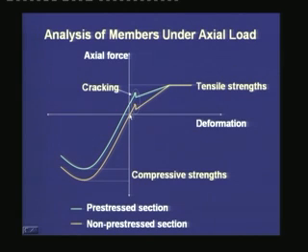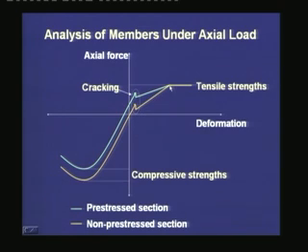In this region, the elastic analysis is applicable, and then when it cracks, there can be a drop in the axial force till the system comes under equilibrium, and again the axial force increases with deformation, but this time with a lower stiffness. That means the rate of increase of the axial force with deformation is low as compared to the pre-cracking behavior.